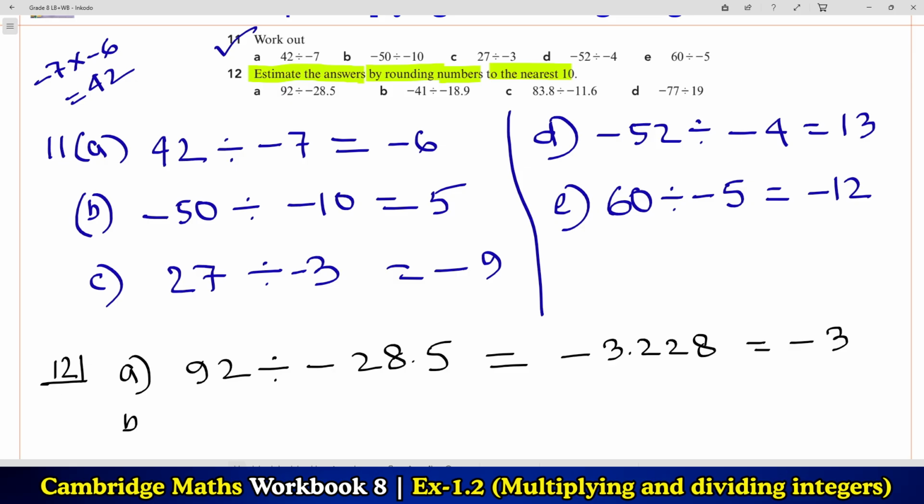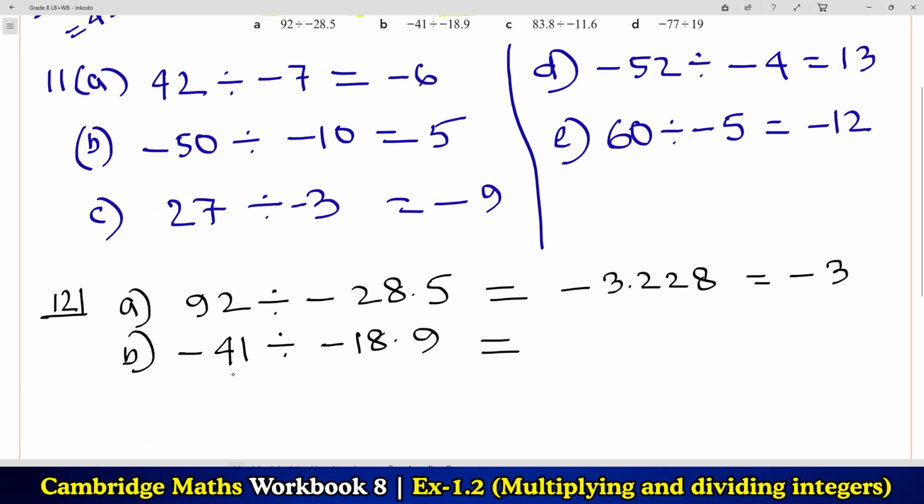Next, number b, -41 divided by -18.9. So what can we do? We can do it two ways. This 41, we can write like 40, it's the nearest 10, -40, divided by -18.9. The nearest is 19, which to the nearest 10 is 20.